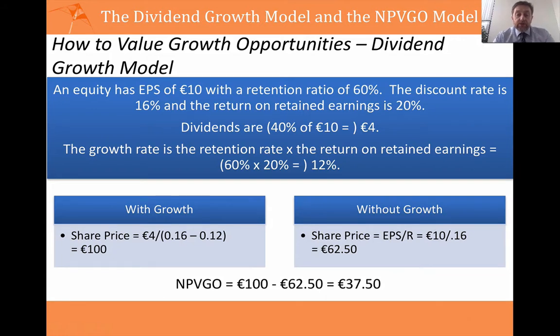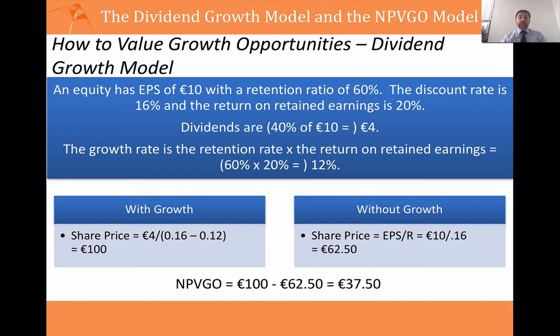a simple example. So you've got an equity, the earnings per share is €10. You've got a retention ratio of 60%, so that means that you're retaining 60% of your earnings, and that means that you're paying out 40% in the form of dividends. We have a discount rate of 16%, and we have a return on retained earnings of 20%.